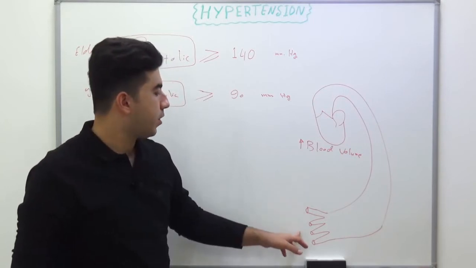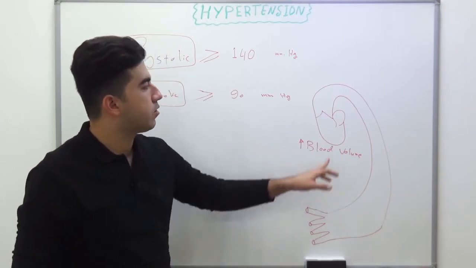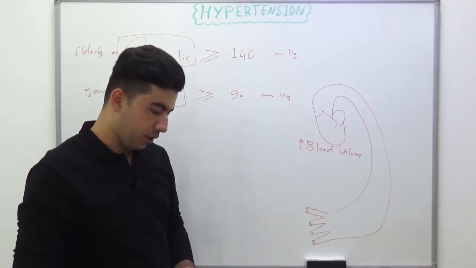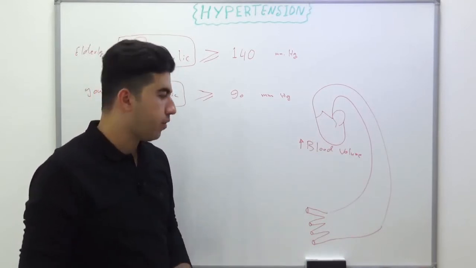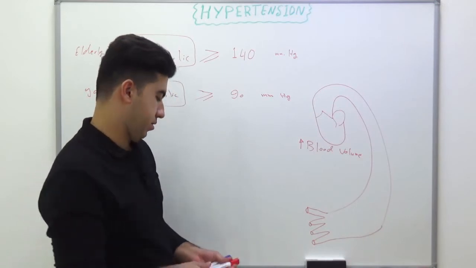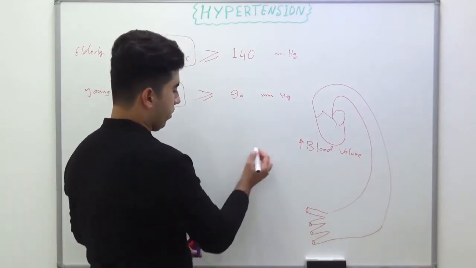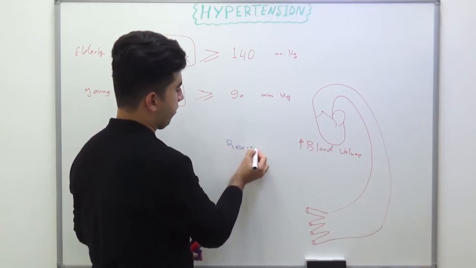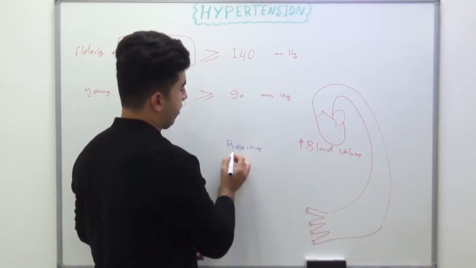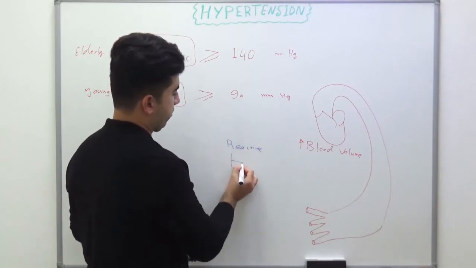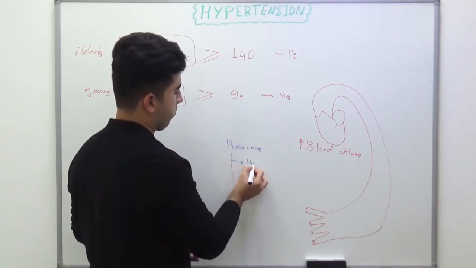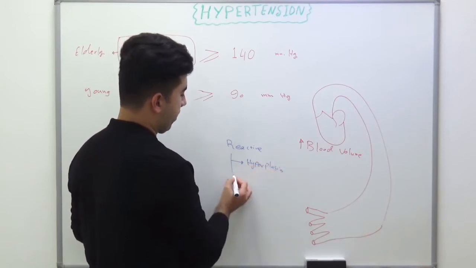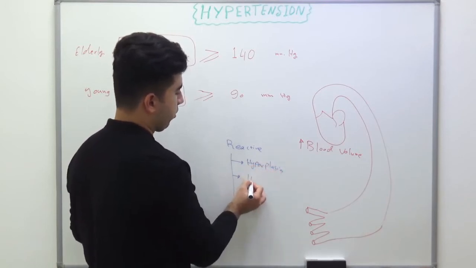So the diastolic hypertension developed in response to the systolic hypertension. The smooth muscle in the arterioles undergoes reactive hyperplasia and hypertrophy. This is called what? Reactive hyperplasia. Reactive hypertrophy.